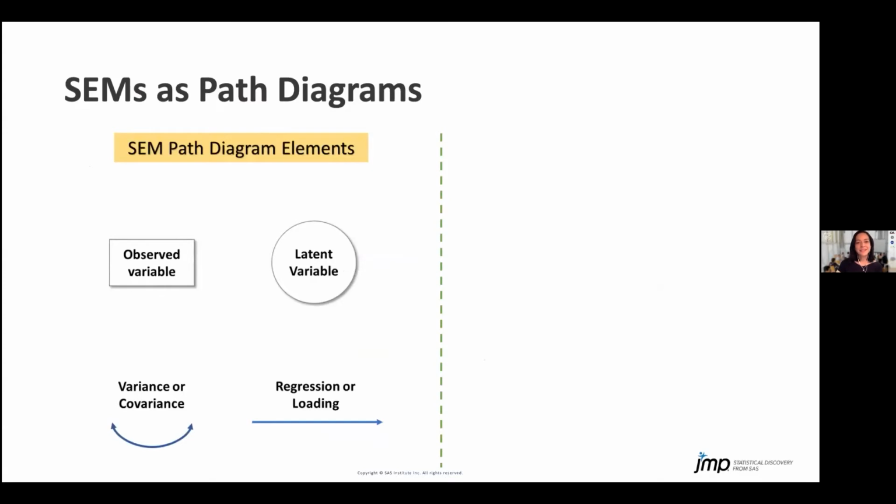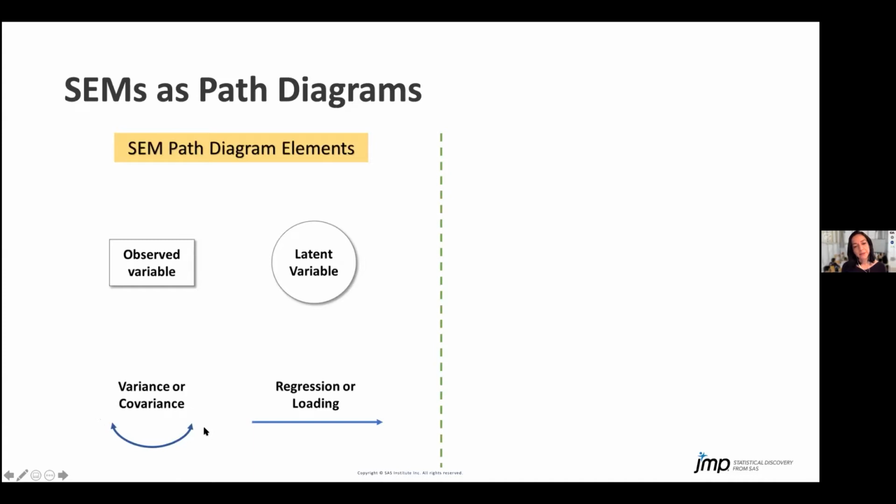And so the elements of a path diagram are in this figure. The first thing you can see here, there's a rectangle for an observed variable. So those are the things that we actually do have variables in our data sets for, right? If we can observe them, we have a measure for them, and those are going to be represented with squares or rectangles. Circles or ovals are used exclusively for those unobservable variables called latent variables in this framework.